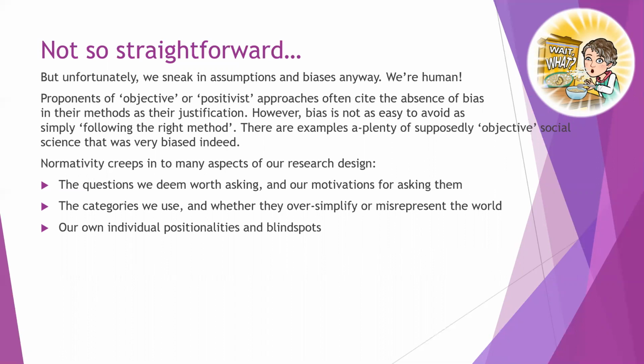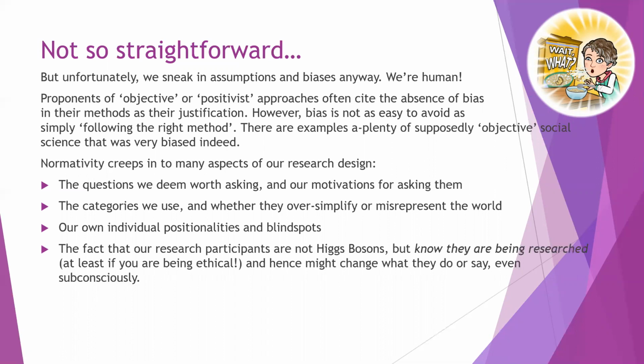How can we notice how our experience of the world is shaping what we see? Think about the art teacher who categorized colors in a particular way. And the fact that the things that we look at as social scientists, and particularly as education researchers, are not Higgs bosons. Hopefully, the people we're looking at know they're being researched, at least if you're being ethical.